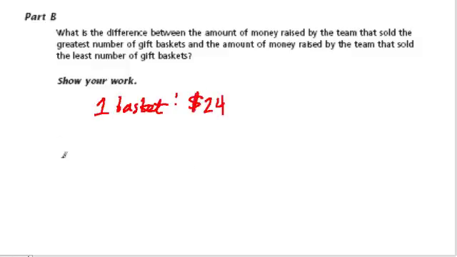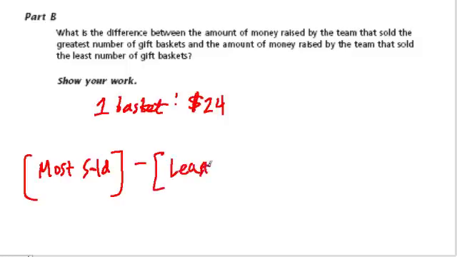So now, basically, we're going to take the most sold and the money they made, and then subtract the money made by the team that sold the least. Here we're subtracting not the number of baskets, but the amount of money they made in each group.